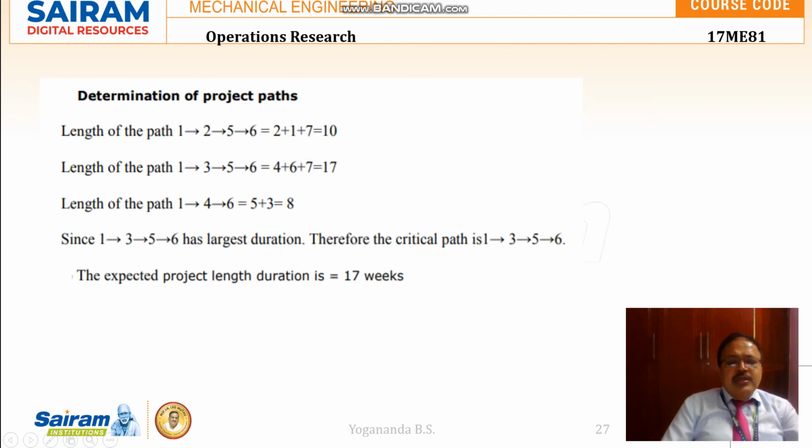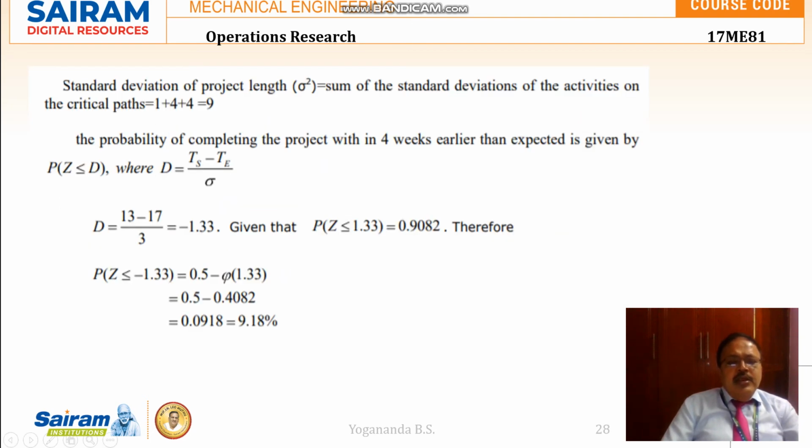So here the expected time is 17. If it is in weeks, 17 weeks, days means 17 days, hours means 17 hours. And 4 weeks earlier to the expected time means 17 minus 4. So the scheduled time is 13.